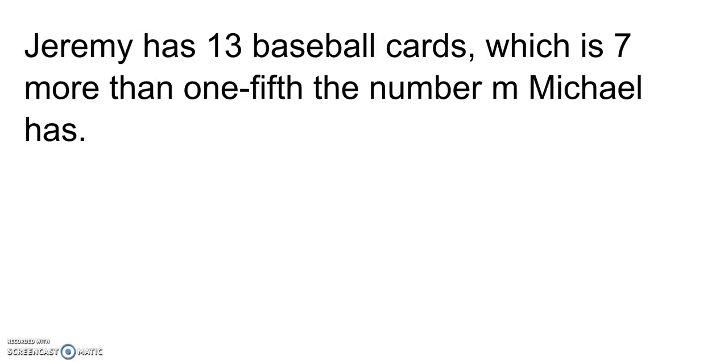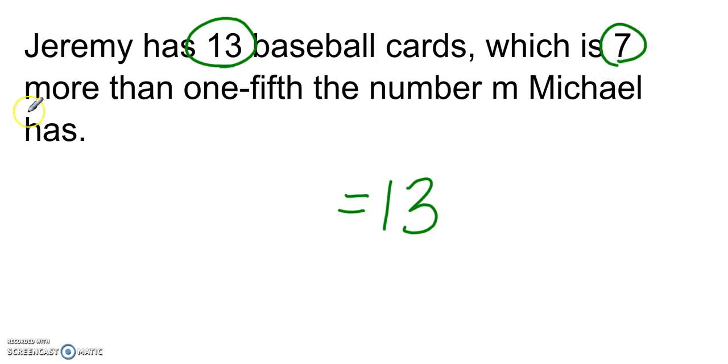All right, let's look at the next one. Jeremy has 13 baseball cards. So 13 baseball cards is the total that we're looking at, which is, so this 13 is 7 more than 1/5 the number m that Michael has. We know 13 is our total, so it's by itself on one side.